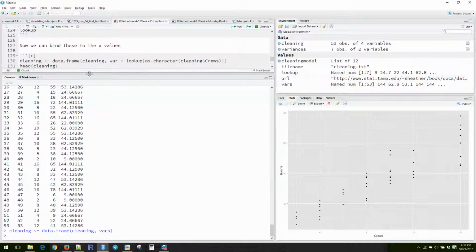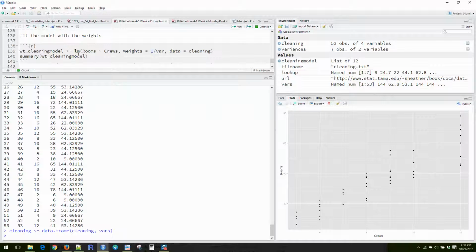And so now we can do our cleaning model. I'm going to create weighted cleaning model, which is going to be a linear model explaining rooms as a function of crews, except we do weighted least squares, so we just give it weights.